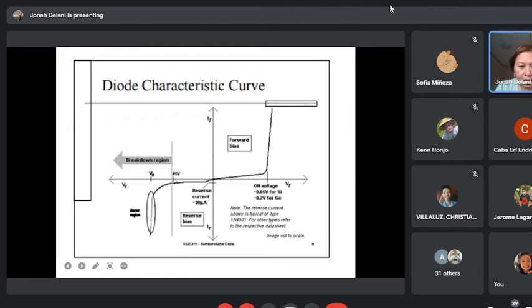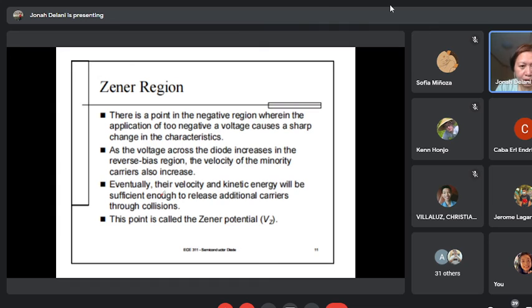When we reverse bias it, there should be no current. But if it reaches a certain voltage, then there would be a sudden flow of current, although in the opposite direction. We call this the Zener region.